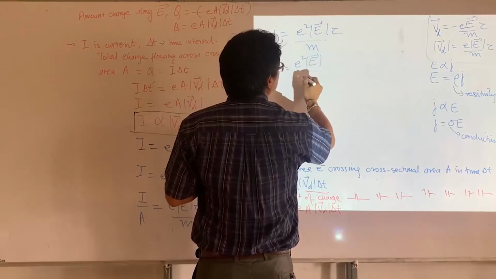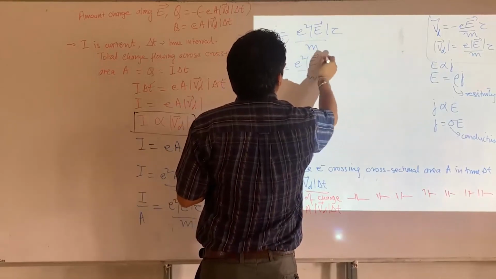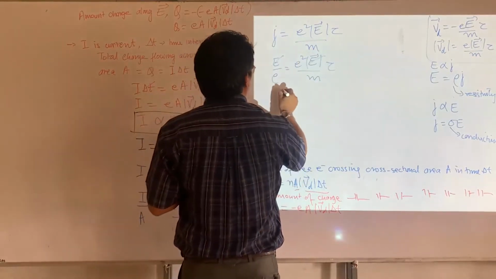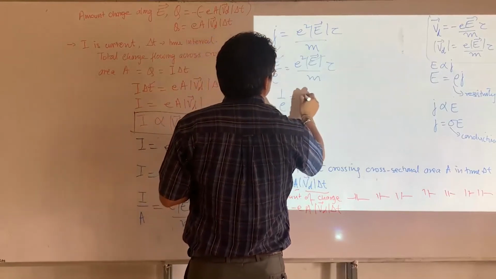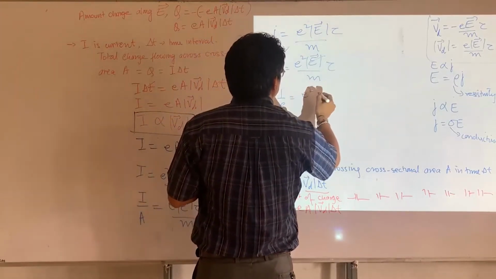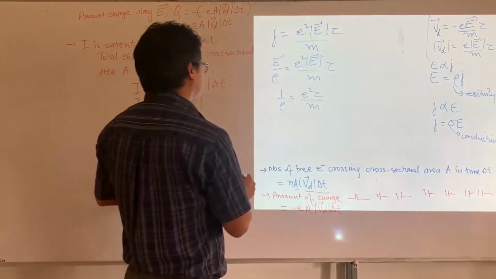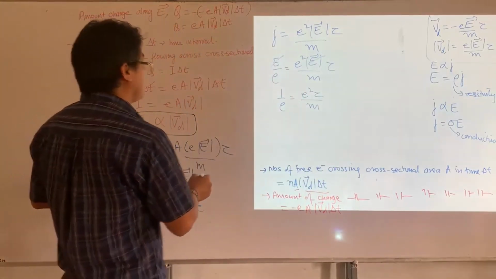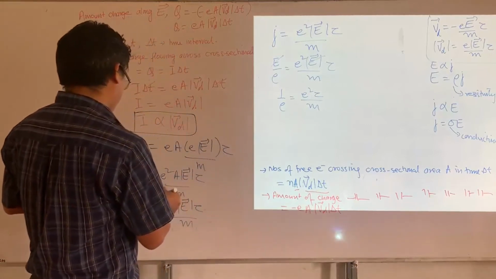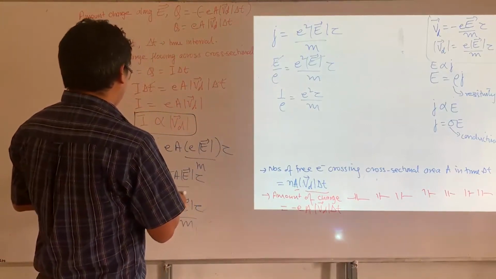E is the magnitude of electric field, right? So these two cancel out. Finally, I get this, tau divided by N, E squared tau A, right? Where is N?